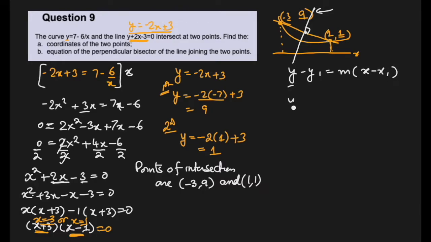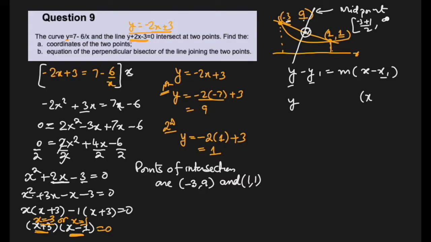y minus y1 equals m times x minus x1, where x1, y1 are the coordinates of a point on the line. On this line, we can find only one point, which is the midpoint of these two. So let's find the midpoint. For finding the midpoint, the x coordinate of this is minus 3 added to the x coordinate of the other one, divided by 2.